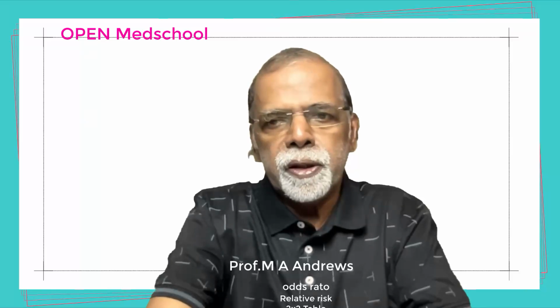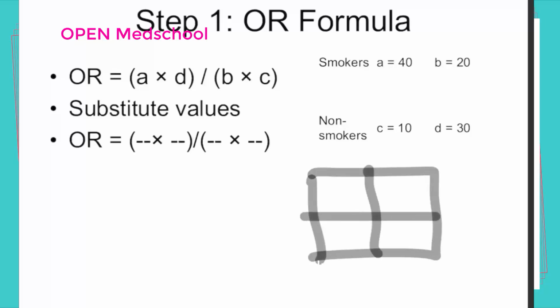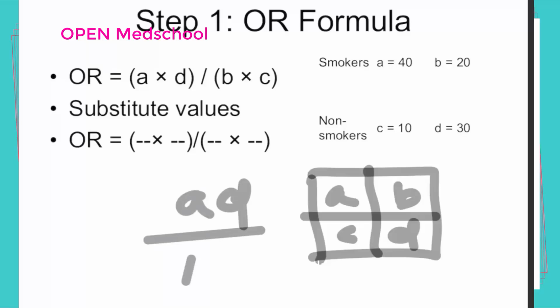Now you go for the calculation of the odds. In a case control study, you cannot calculate the risk. You are only looking for the odds of development of the disease. So the odds ratio can simply be, just remember this, cross multiply the table and you get the value. It is AD divided by BC.